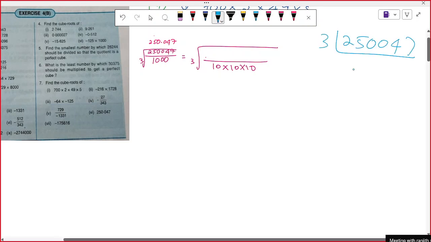250047. Explain this, Tanishka. First start with 3. Yes, 3 into the 7 times table. Okay, 7 times, fine.